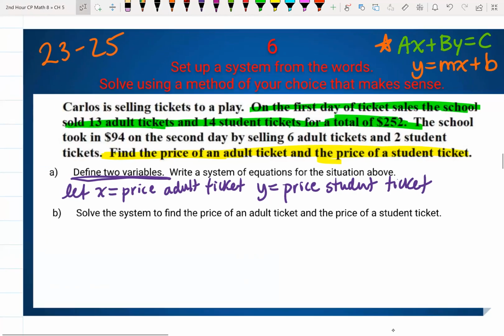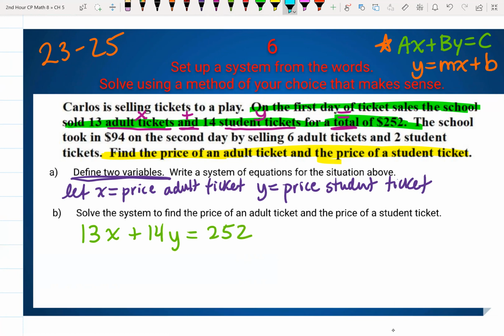So there's adult tickets, that's the x variable. And usually means plus, and there's student tickets, that's the y variable. And total usually means equals. So I think we're going to be in for a standard form equation like 13x plus 14y equals 252.